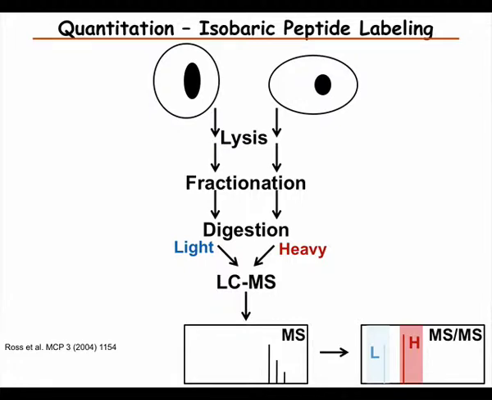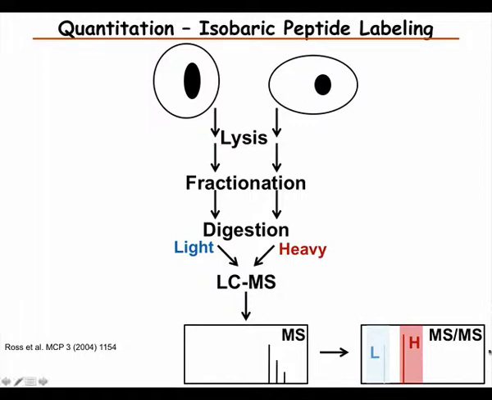The nice thing with this isobaric approach is that the full scans don't become more complex, even if you mix many samples together, since the labels are isobaric. And the reporter ions show up in the low mass end of the mass spectrum, where there aren't many other ions that would interfere with them.